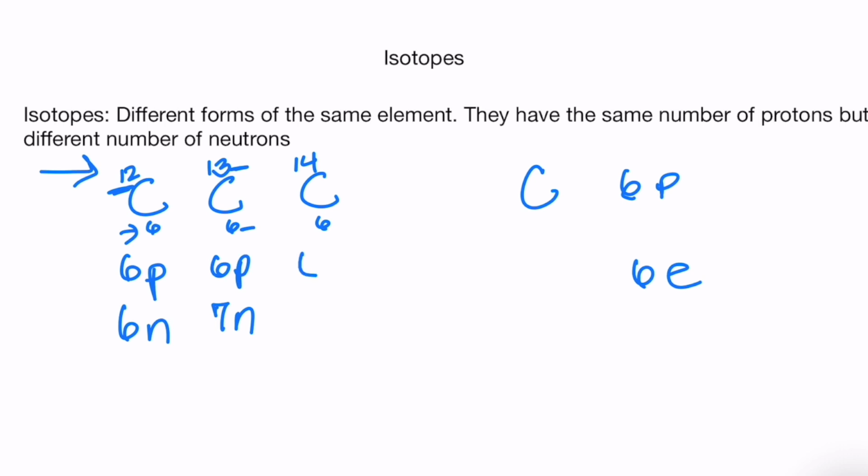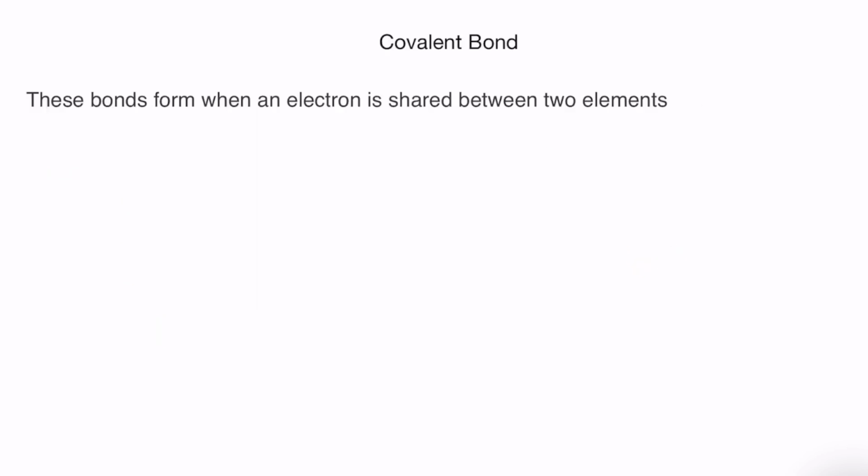Carbon 14 has 6 protons and it has 8 neutrons. Why? Because 14 minus 6 is 8. So nitrogen also has isotopes, but we are just going to focus on carbon right here. And this shows you that the different forms or different isotopes of the same element will have the same number of protons, but different number of neutrons.